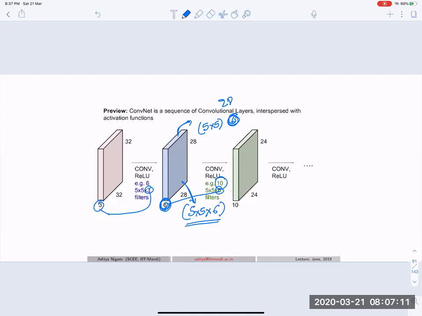So if I apply a 5 by 5 by 6 filter, you are going to get one output of 24 by 24. Again 4 got reduced, from 28 to 24. So you have got 24 by 24, one such surface. And how many such surfaces? 10 such surfaces we are going to get. 10 such outputs and activation maps when you apply 10 such filters.